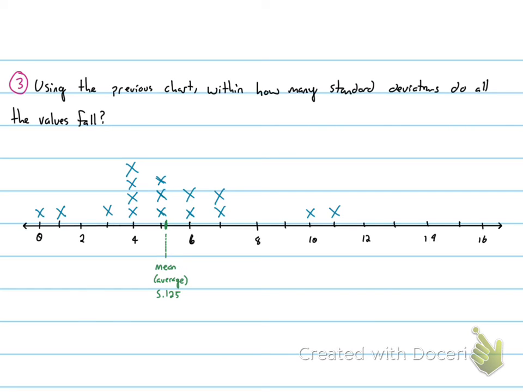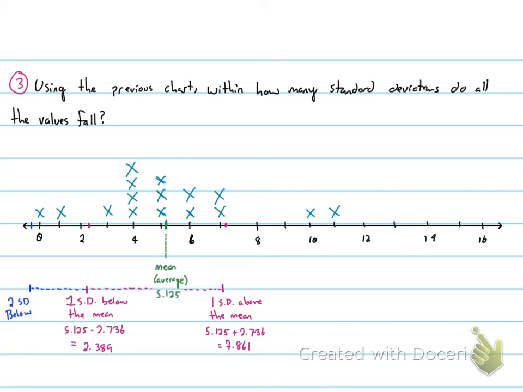Now what I'm going to do is go one standard deviation below the mean. So I do 5.125 minus my standard deviation, which gets me 2.389. And then I go one standard deviation above, so now I add that standard deviation. All the values that fall within there are within one standard deviation of the mean. I can go out even further and see what's within 2 standard deviations of the mean.